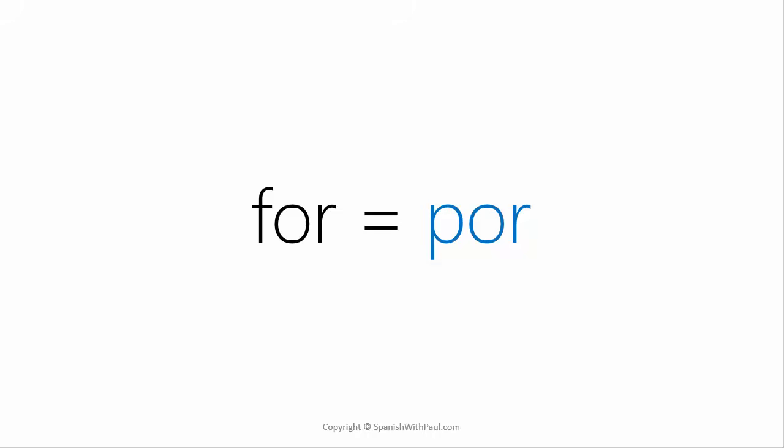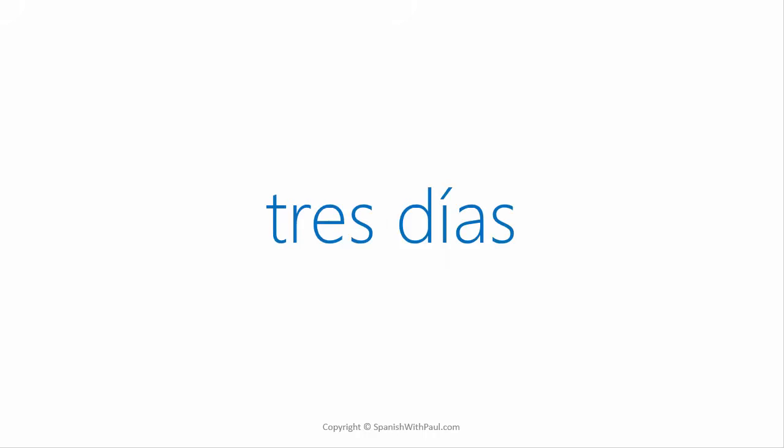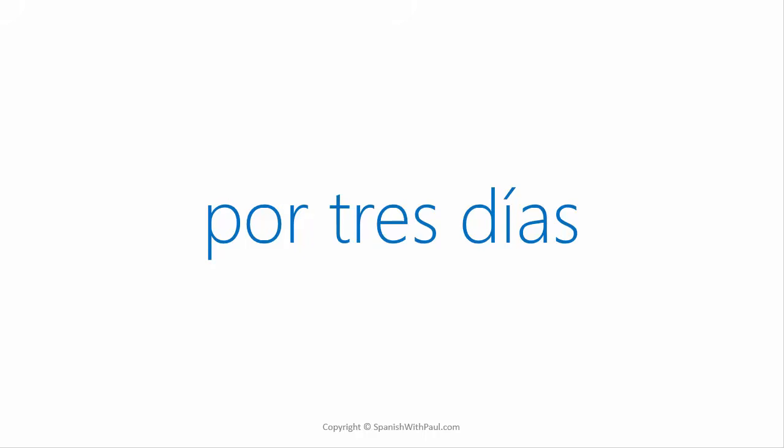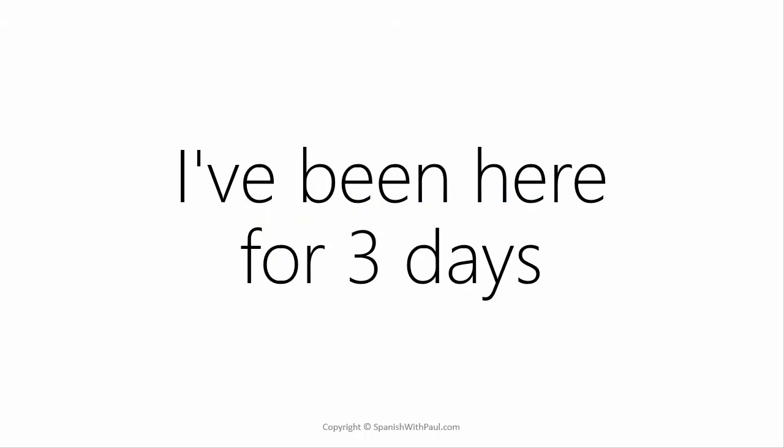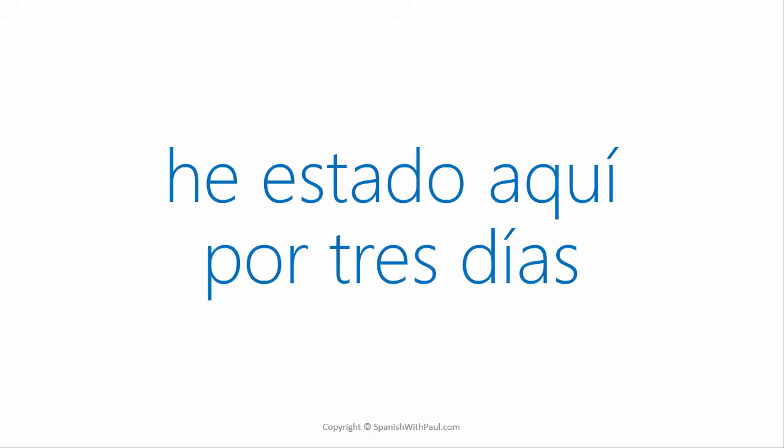So for equals por. And the word for 3 days, some of you may already know this, is tres días. How would you say for 3 days? Por tres días. Now say, I've been here for 3 days. He estado aquí por 3 días.